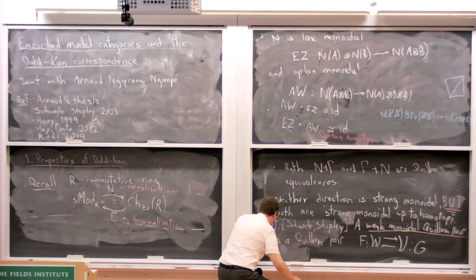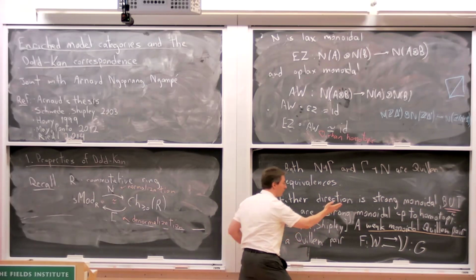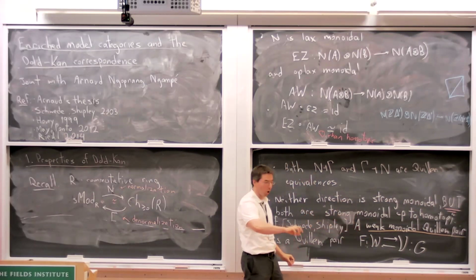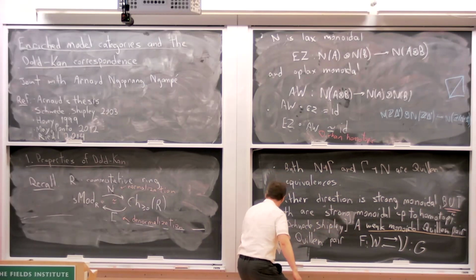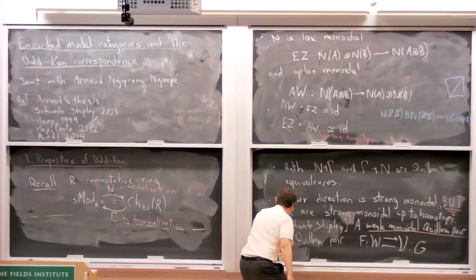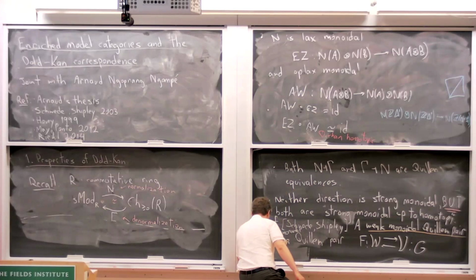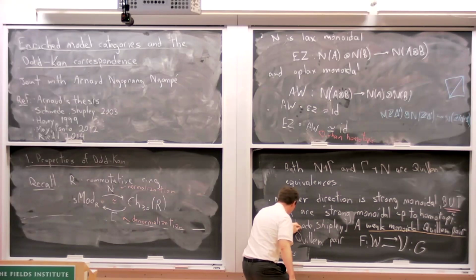Actually, that belongs here. That's part of the basic setup. V and W have to be monoidal model categories.